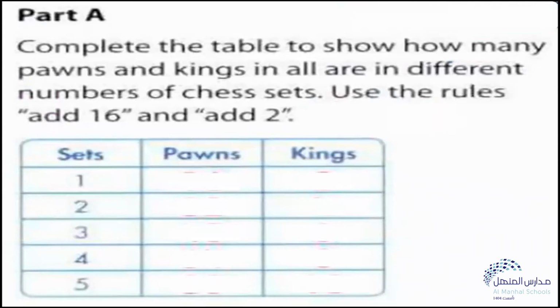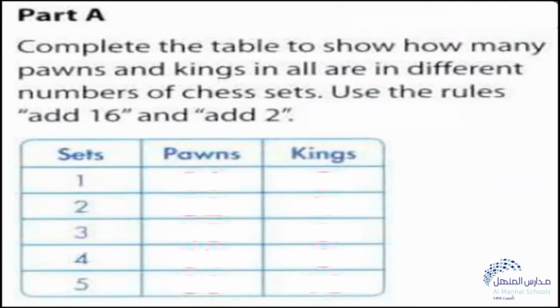Here I have to complete the table to show how many pawns and kings in all are in different numbers of chess sets. So we have to use the rule now: add 16 and add 2. Add 16 for pawns and add 2 for kings.